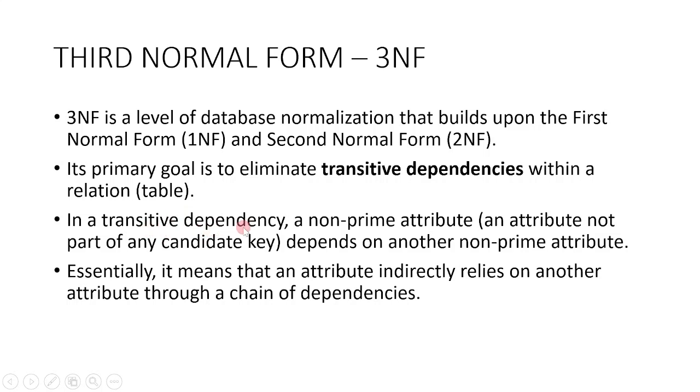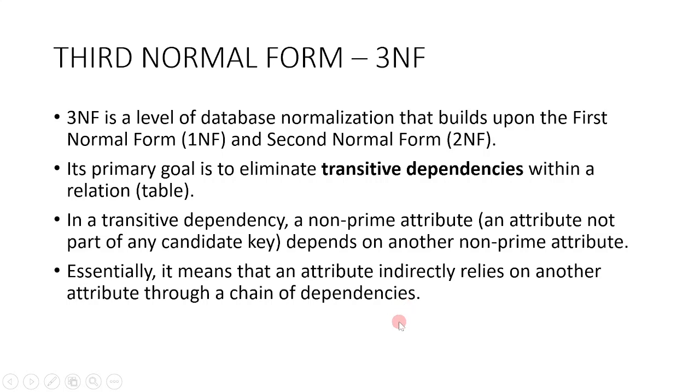When you say transitive dependency, it says a non-prime attribute, meaning the ordinary columns, or columns that do not belong to the primary key, depends on another non-prime attribute or non-prime column. Essentially, it means that an attribute indirectly relies on another attribute through a chain of dependencies.